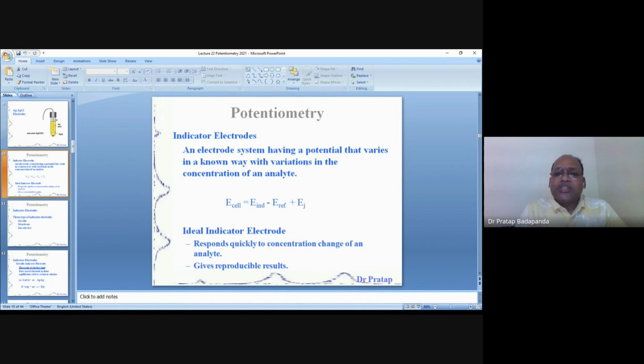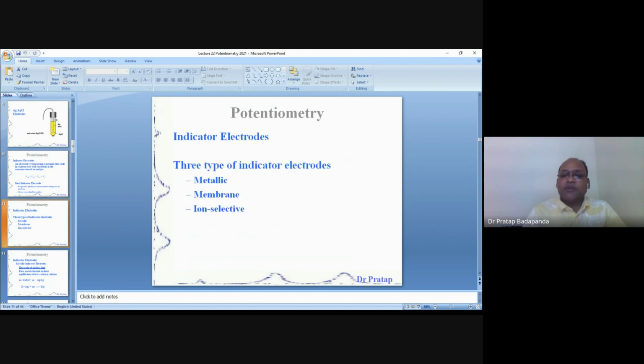An electrode system having a potential that varies in a known way with variation in the concentration of an analyte. Then the formula: E cell is equal to E indicator minus E reference plus salt freeze, meaning the value of salt freeze.